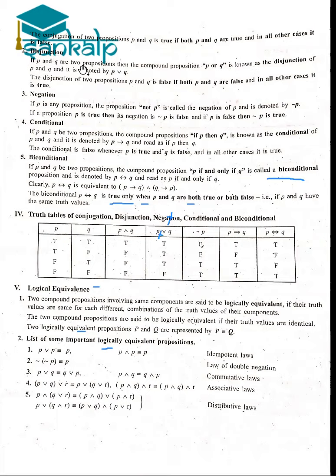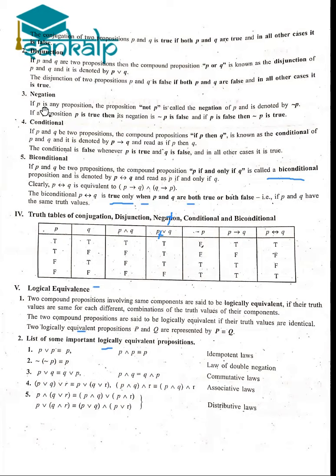Next, disjunction. If p and q are two propositions, then the compound proposition p or q is known as the disjunction of p and q, and it is denoted by p or q. The disjunction of two propositions p and q is false if both p and q are false, and in all other cases it is true.